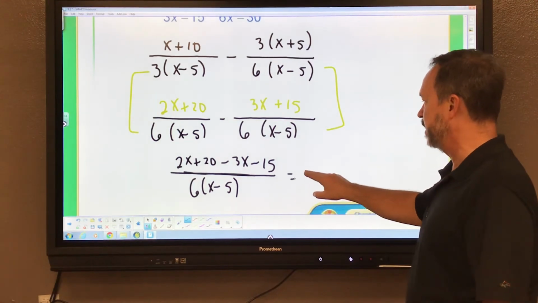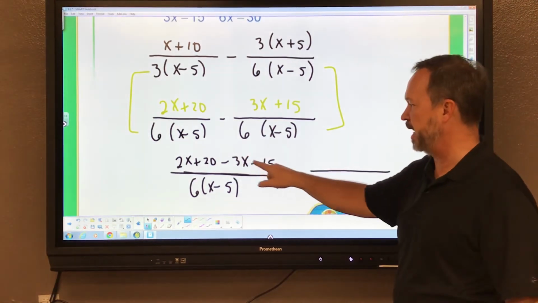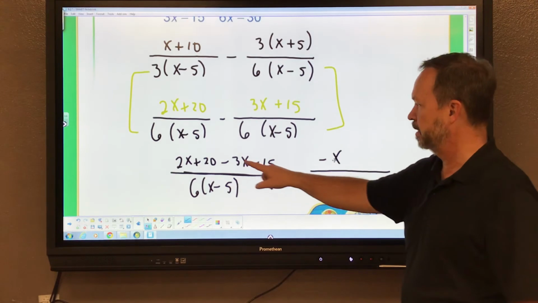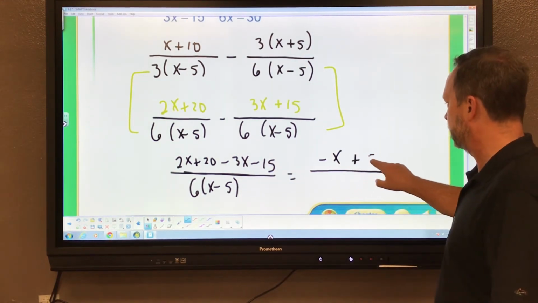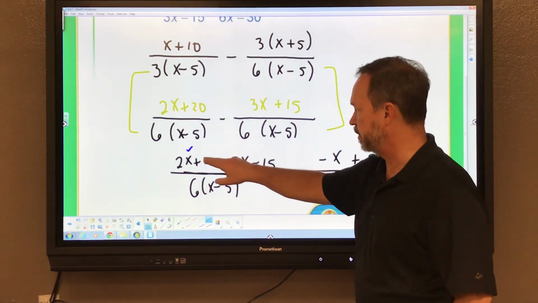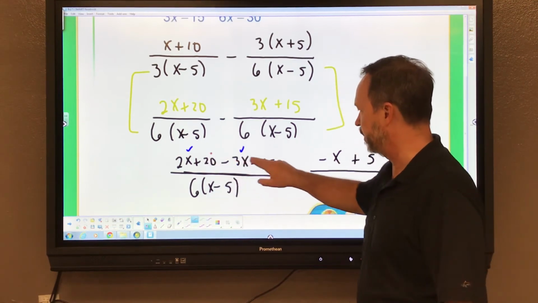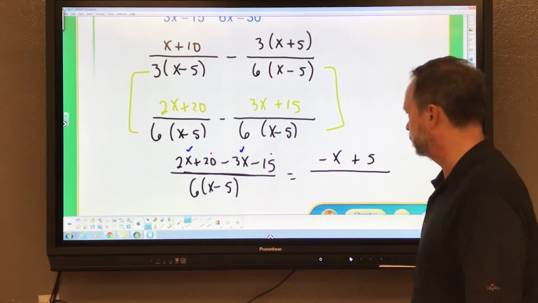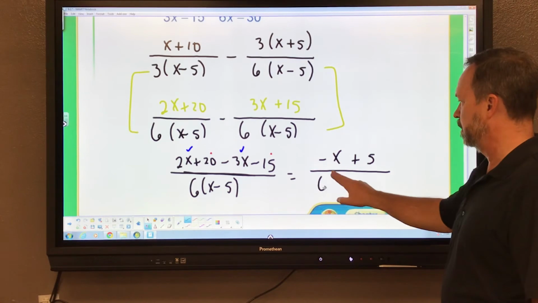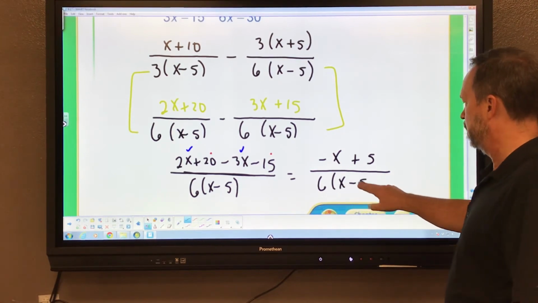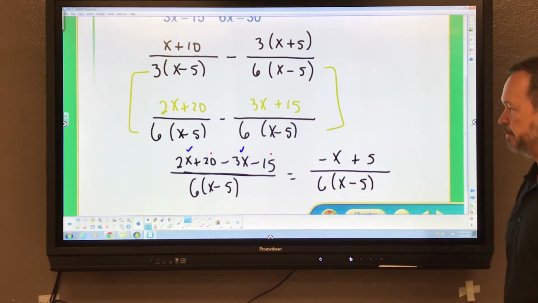Once you get that done, then you can combine like terms to get negative x plus 5. You see those, the like terms? That one and that one. That one and that one. See that? You may see anything else.